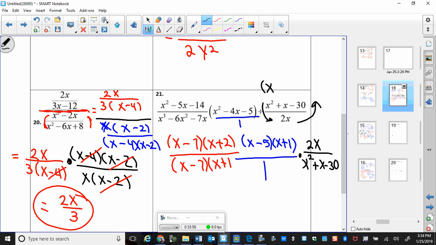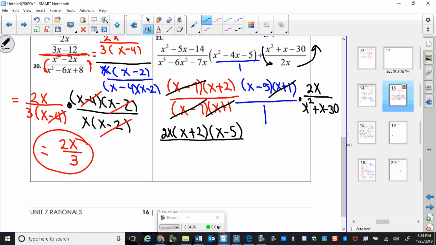Now, I'm going to go back and cancel out any expressions. This cancels. This x plus 1 cancels. And I'm left with parentheses x plus 2 times x minus 5 times 2x. I'm not going to ask that you simplify this any further. And then on the bottom I have x squared plus x minus 30. And here is your final answer.